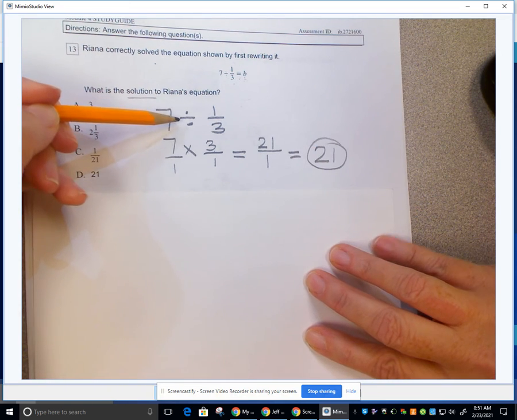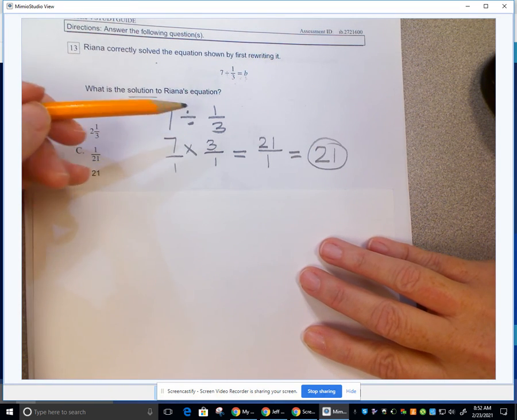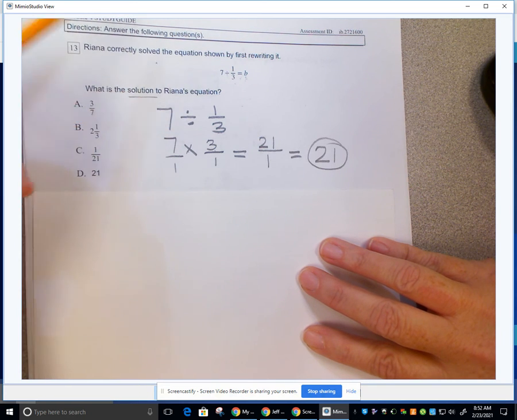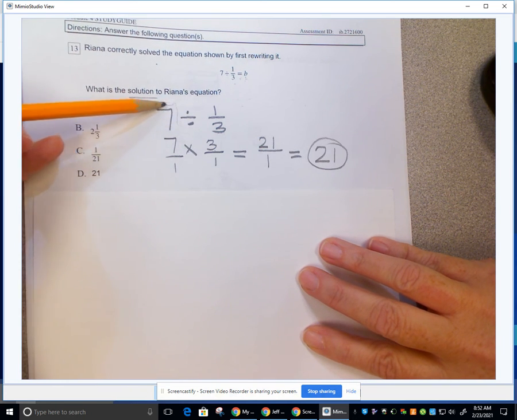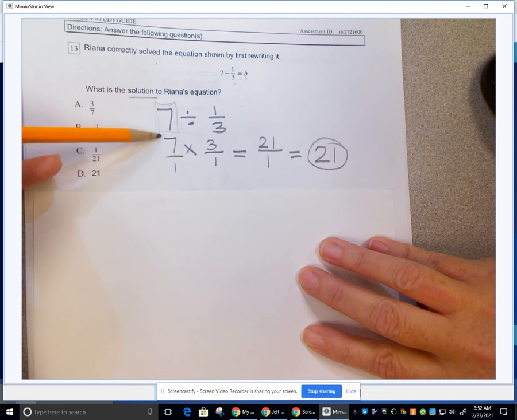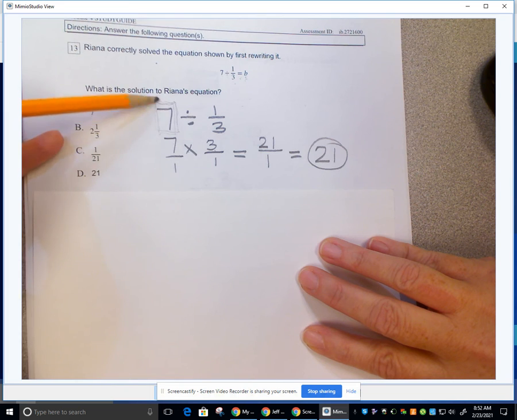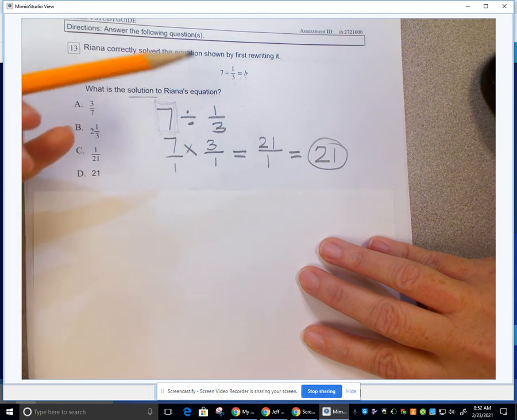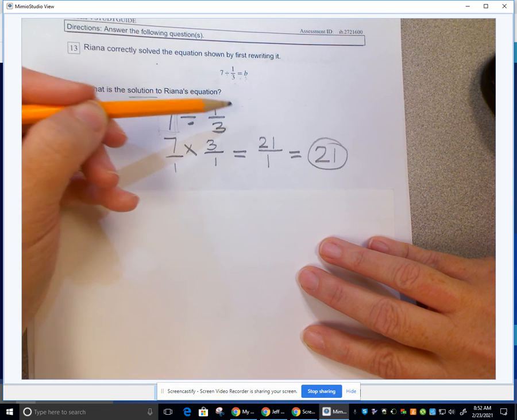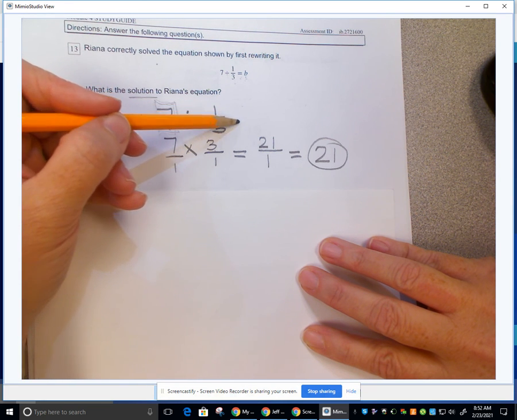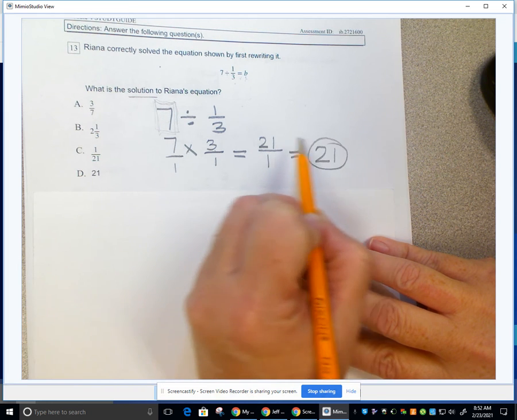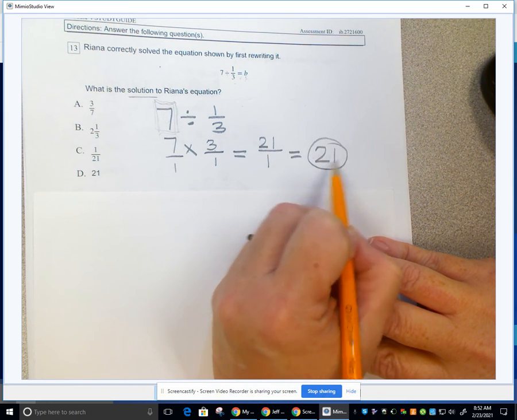Remember, when we're dividing fractions and whole numbers, look at your first number in the problem. In the original problem, if it's a fraction, your quotient will be a fraction. If it's a whole number, your quotient will be a whole number. And if you notice, we started with a whole number, so our quotient was a whole number.